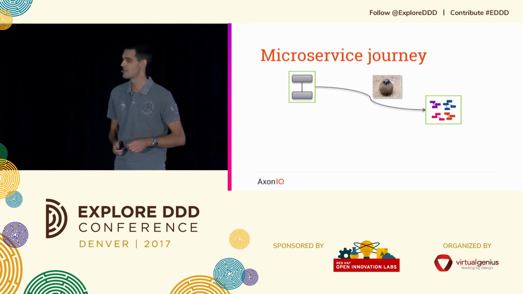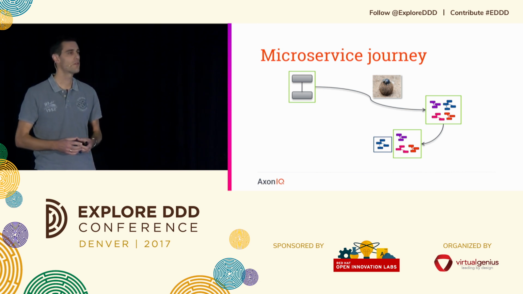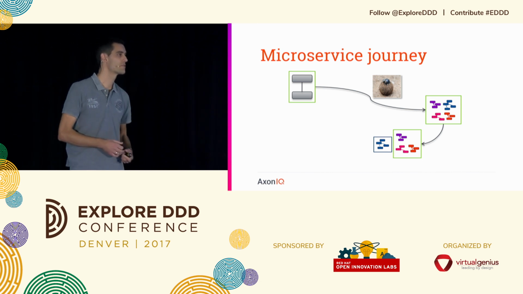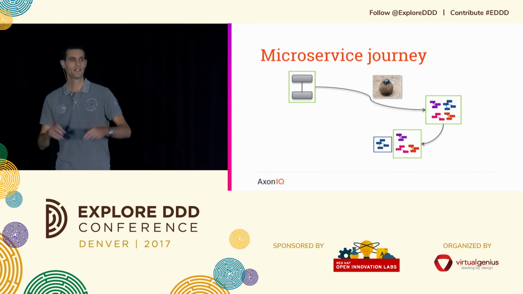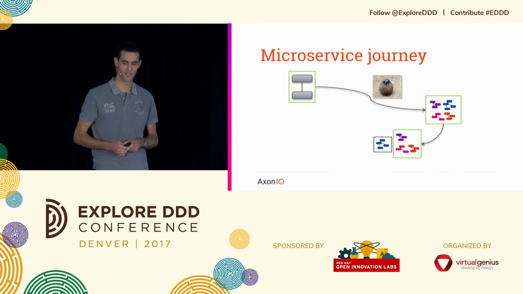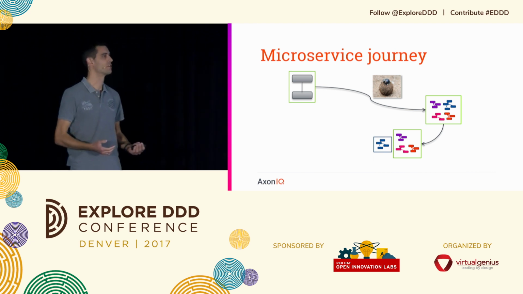And as time progresses, you can decide to take certain components out of that monolith and start deploying them separately and treating them like a microservice, if that even exists, right? A single microservice. But the reasons for doing this are usually not functional.